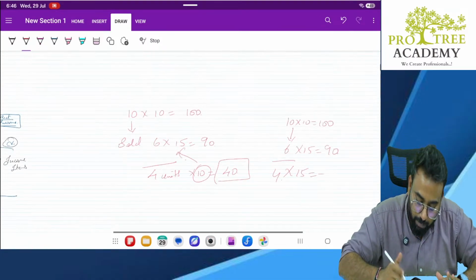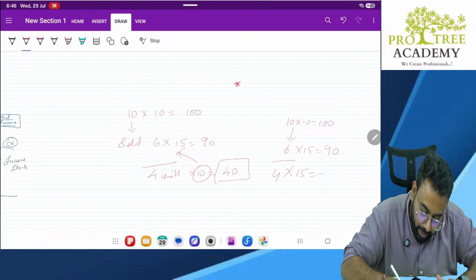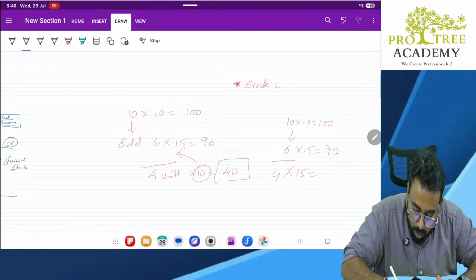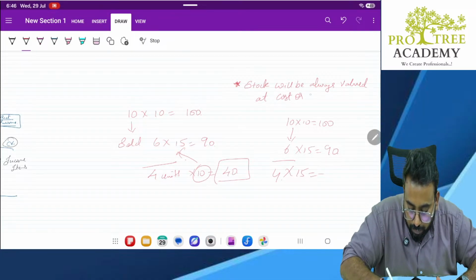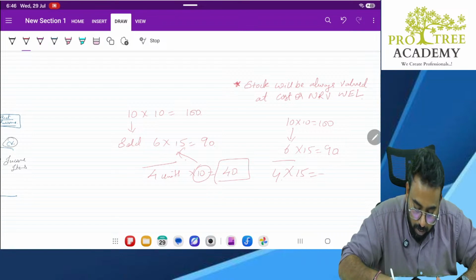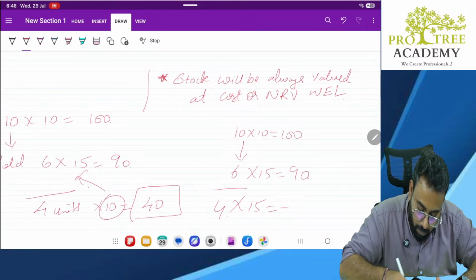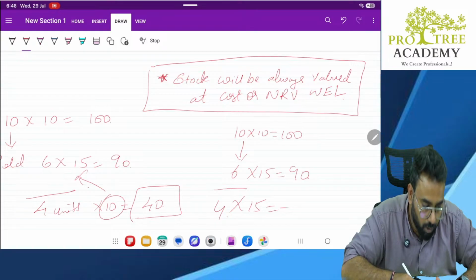But before that, always remember this point. Stock will always be valued at cost or NRV, whichever is lower. Please note down this point in your book.